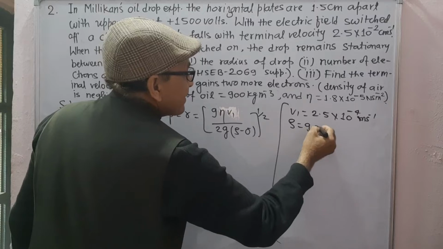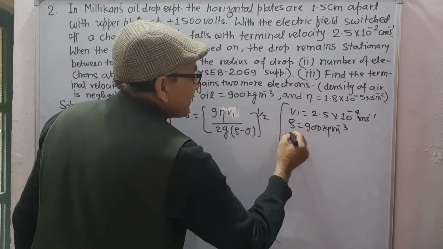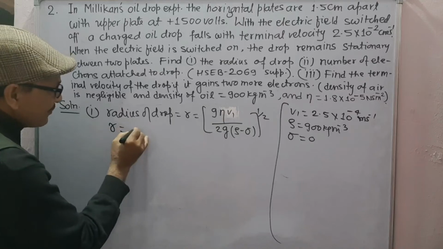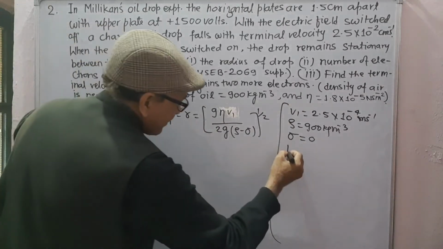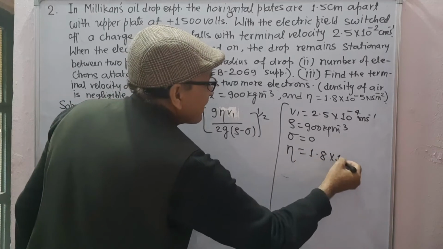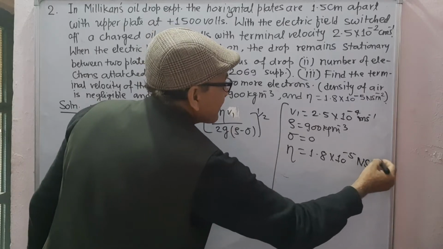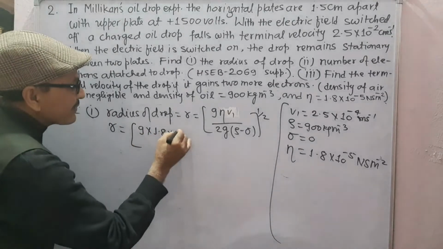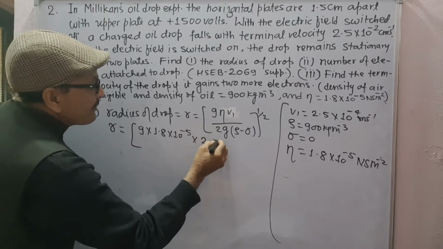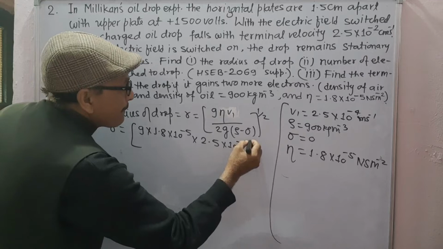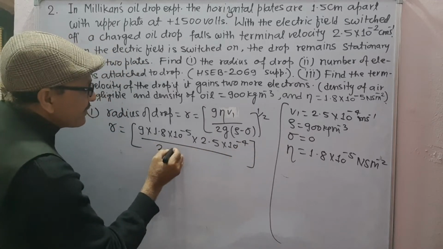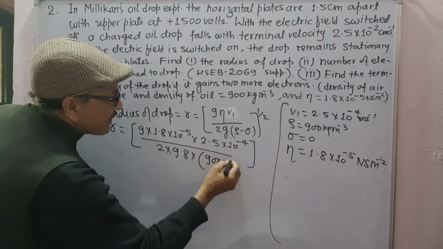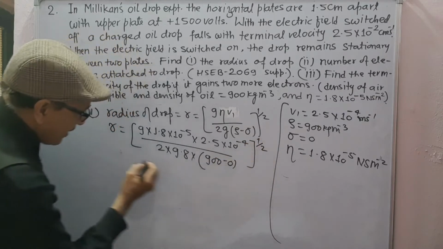The density of oil is 900 kg per meter cube and the density of air is negligible. g is 9.8, therefore R is the square root of 9 times eta, 1.8 x 10^-5 newton second per meter square in SI unit, times V1, 2.5 x 10^-4, whole divided by 2 times 9.8 times (900 - 0), whole power 1/2.